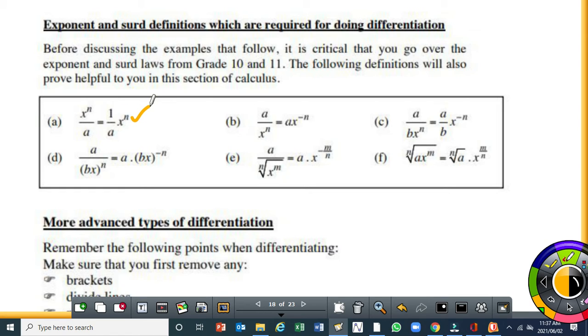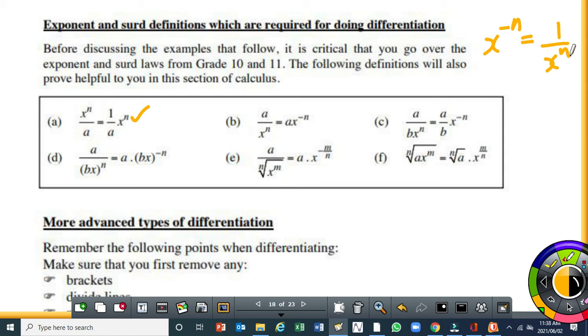You are going to encounter something like this when you are finding the derivative using rules. Then, if you are given a constant divided by x to the power of n, it is equivalent to the constant times x to the power of minus n. This one uses the law of exponents that x to the power of minus n is equal to 1 over x to the n.